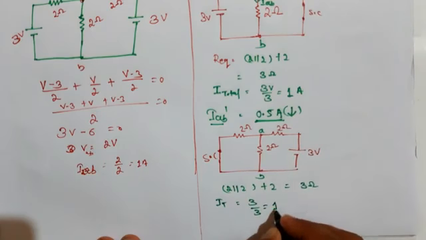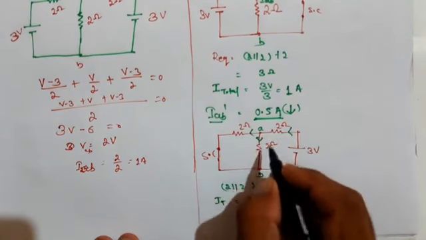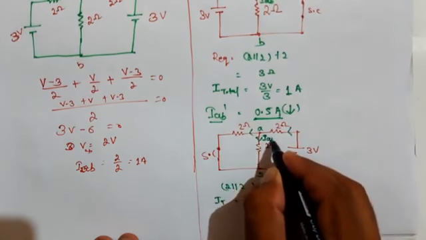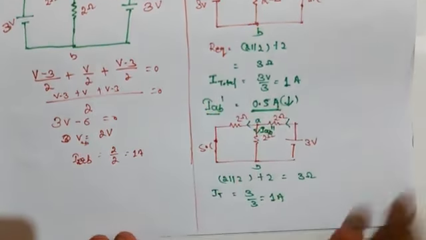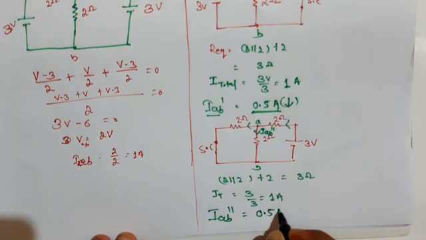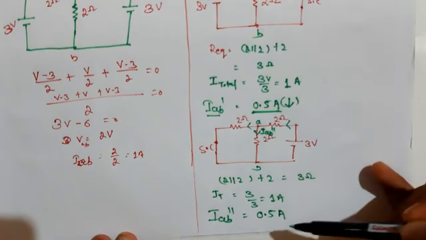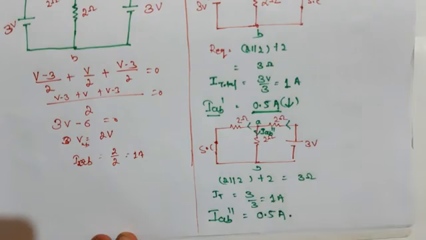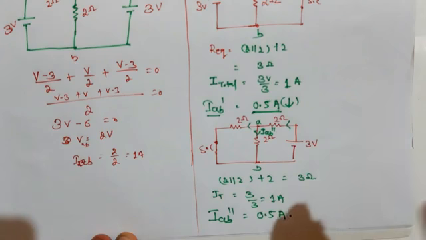Then this total current is divided between these two of the same resistance, so we take this name as IAB double dash. IAB double dash is equal to 0.5 ampere. According to the superposition theorem, the algebraic sum of the individual responses is equal to the total response.